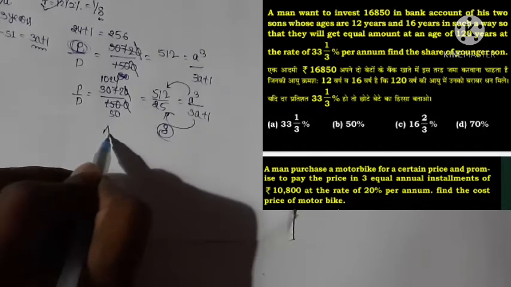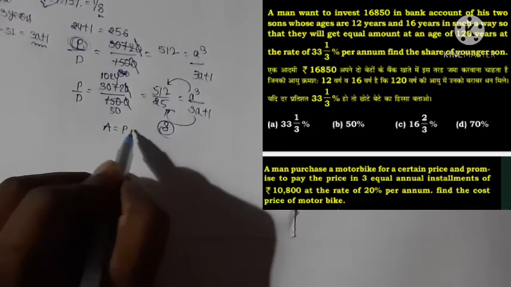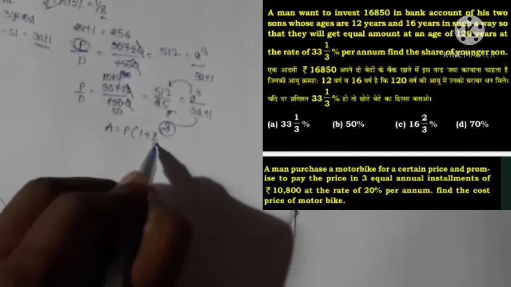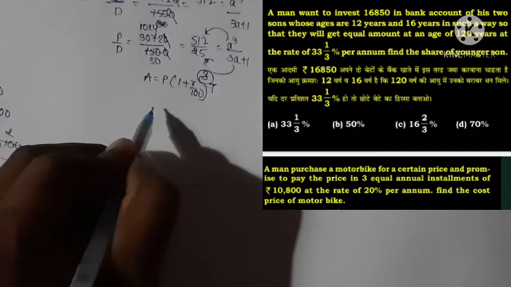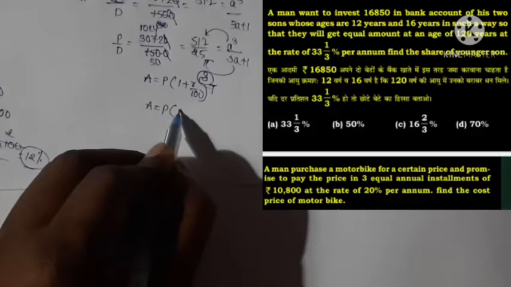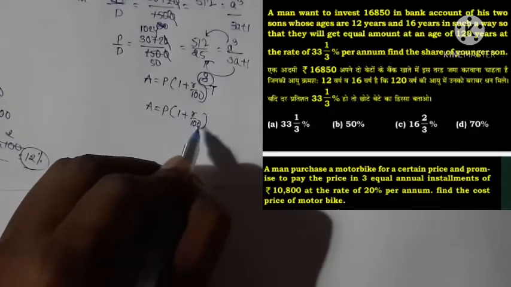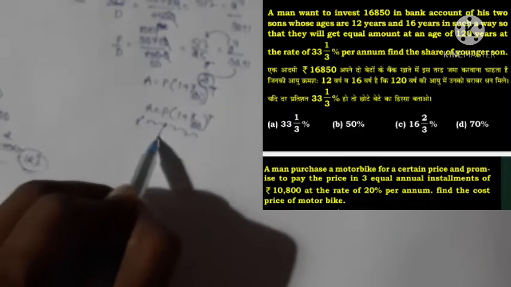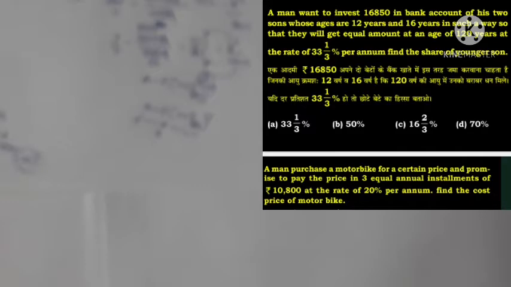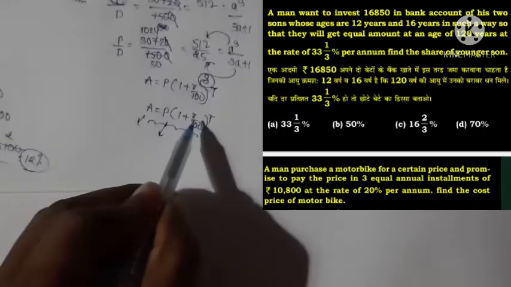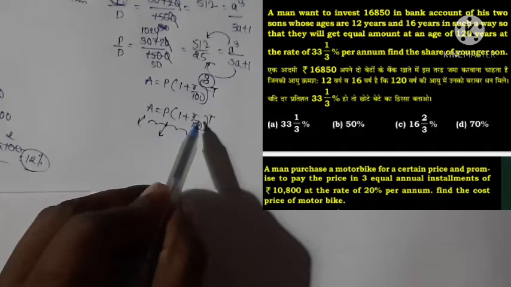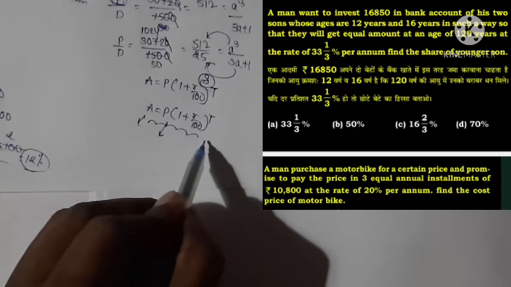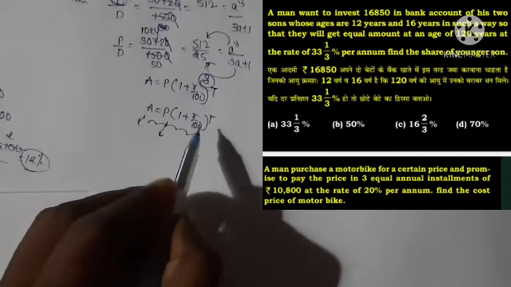The relation for amount is equal to principal into 1 plus R by 100 whole power t. So this is the relation for amount and principal. Here rate of interest is 33 1 by 3 percentage, so the value is 100 by 3.